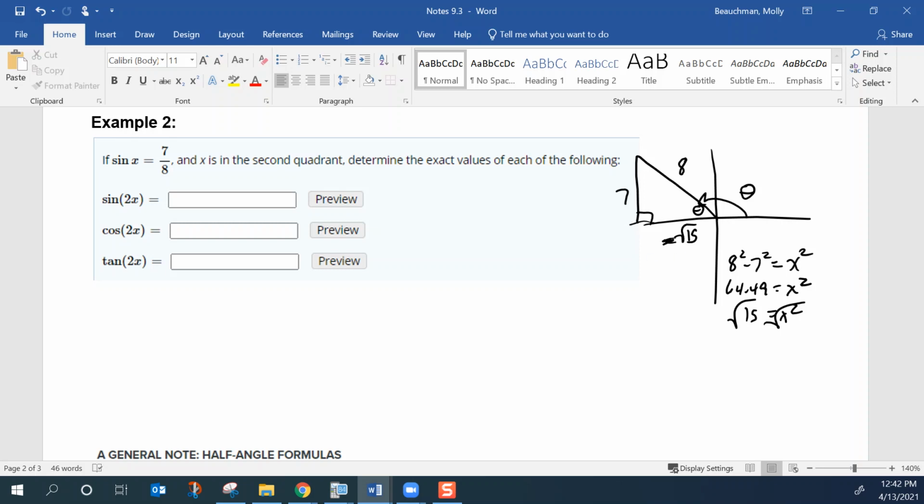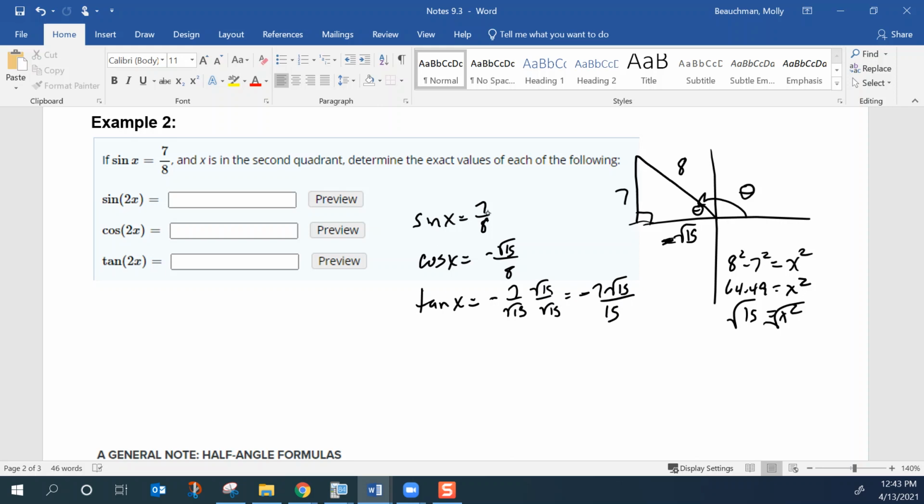So now that you know the sine of x is 7/8, the cosine of your angle would be adjacent over hypotenuse, negative square root of 15 over 8, and the tangent is equal to opposite over adjacent, negative 7 over the square root of 15. Rationalize your denominator. We get negative 7 square root of 15 over 15.